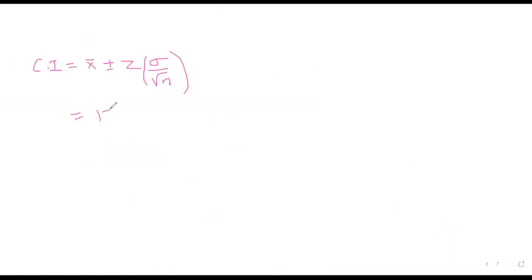So 178.2 plus or minus 2.33 times 5 over root of 100, and you're able to calculate the confidence interval.